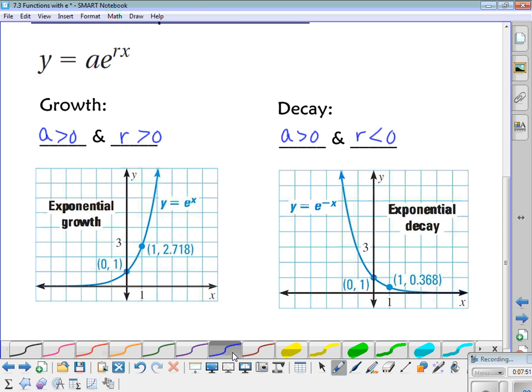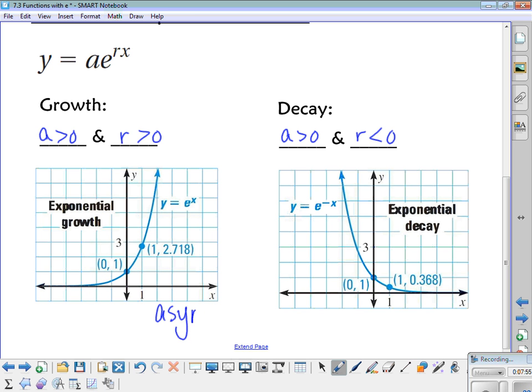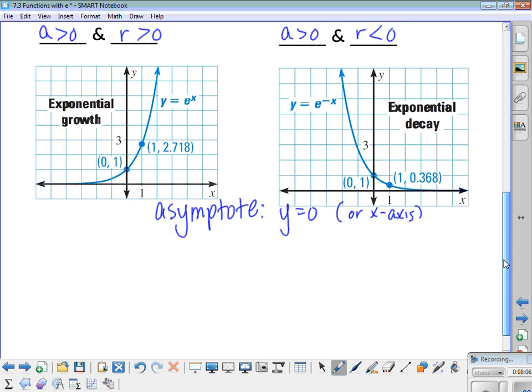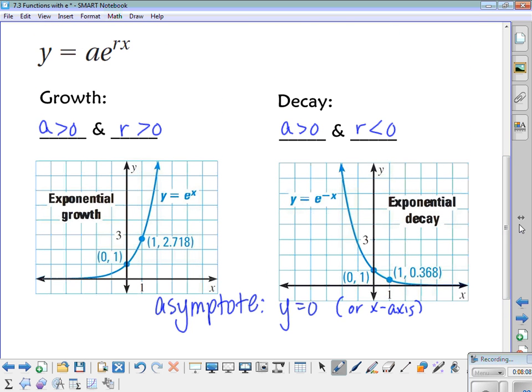Just like before with our other exponential graphs, you still have an asymptote, and it's still y equals 0, the x-axis. We still have the same domain and range. Our domain is all real numbers, and our range is y is greater than 0.